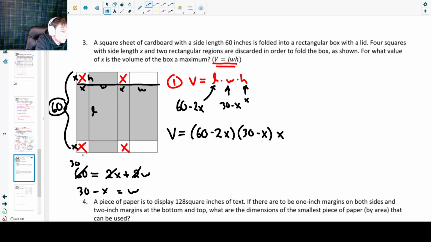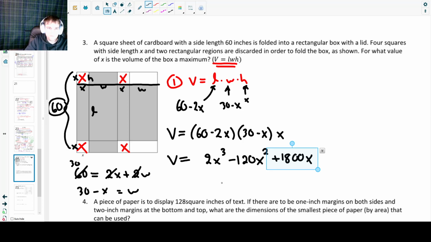I'm going to do that on Mathway real quick because I don't feel like doing all the calculations. When I multiply that out, I would like to have it in this form. I get 2x cubed minus 120x squared plus 1800x. Cool. So that is my volume formula.